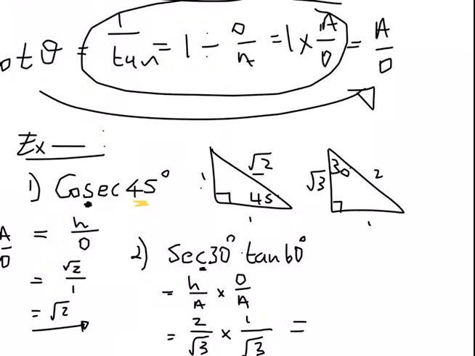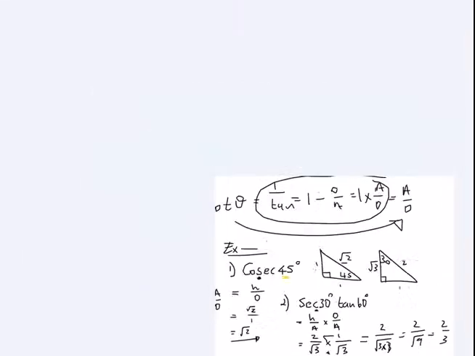So you have 2 times 1, which is 2, over square root of 3 times square root of 3, which becomes square root of 9. Square root of 9 is definitely 3. So the final answer ends up being 2 over 3. Very much important on that one.